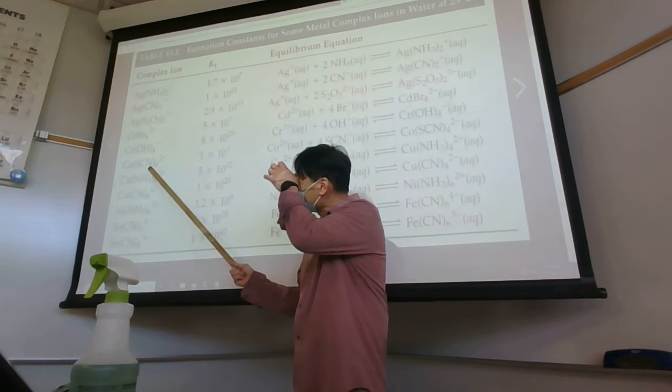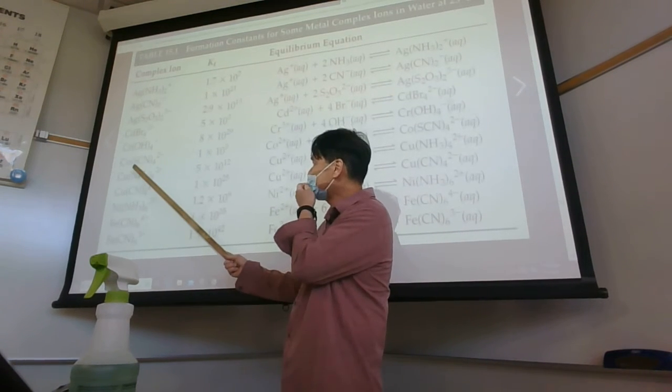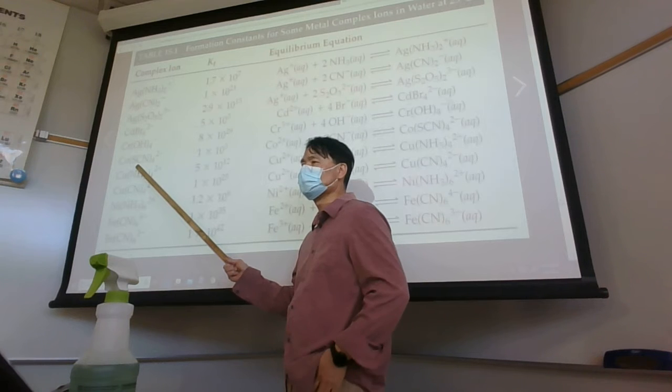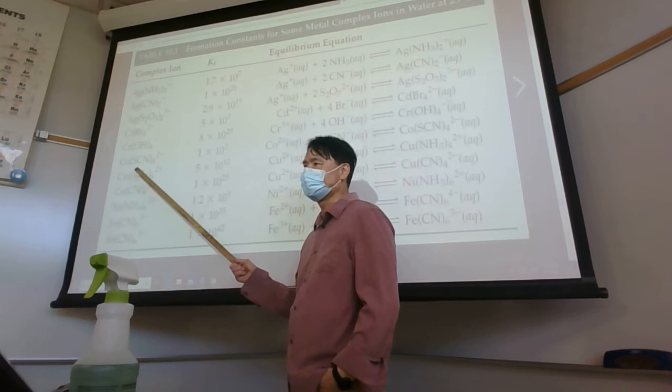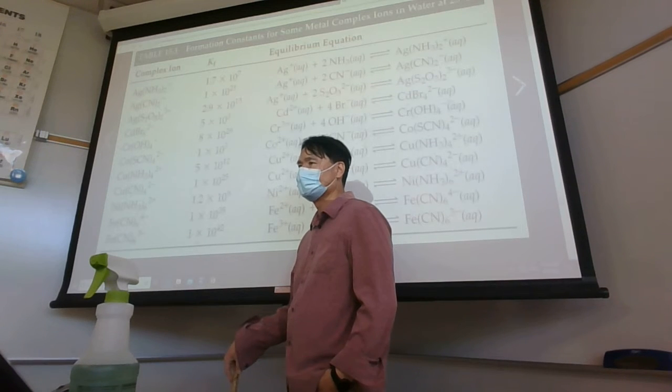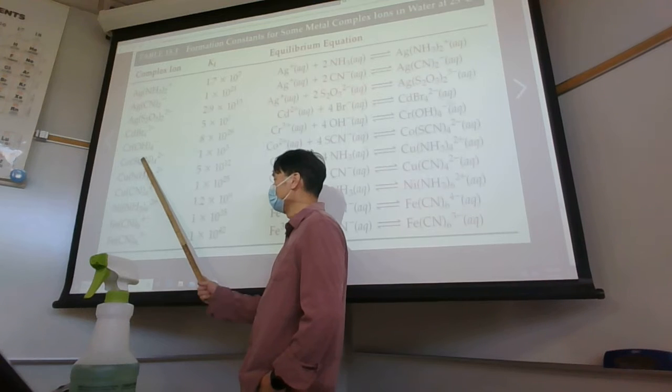Well, this one, there's an OCN. OCN is called cyanate. An SCN, where you replace an oxygen with a sulfur, we call it thio. So this one's called thiocyanate, the anion.